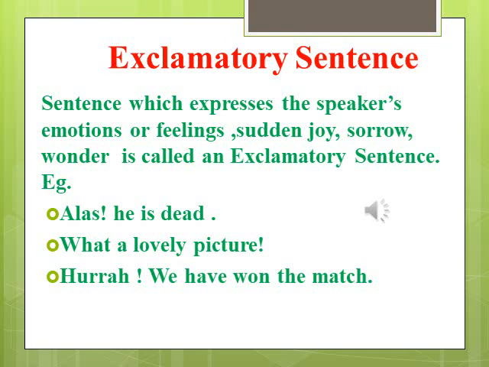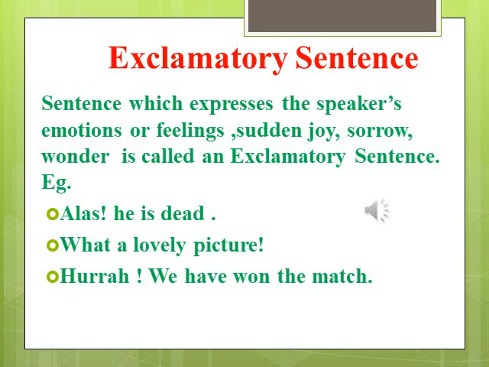Exclamatory sentence. Sentences which express the speaker's emotions or feelings like sudden joy, sorrow, wonder, happiness, misery, surprise are called exclamatory sentences. Example, alas, he is dead. This sentence expresses sorrow.